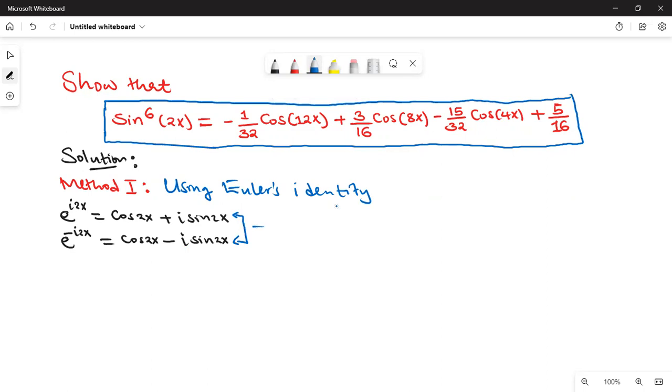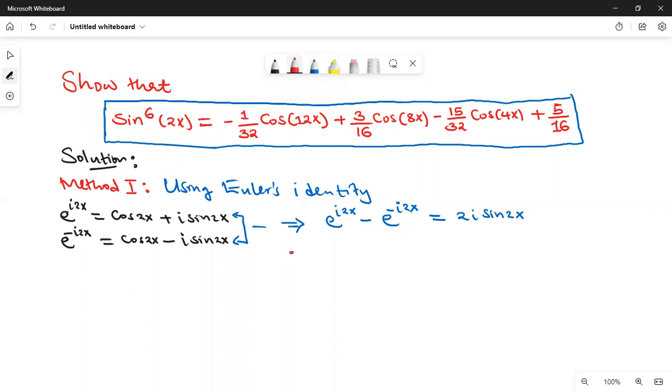So when I subtract equation 1 minus equation 2, I'm going to get exponential i to x minus exponential negative i to x. That is the same as 2i times sine 2x.